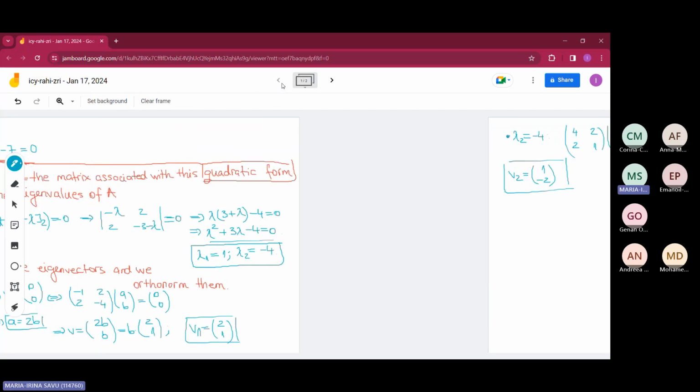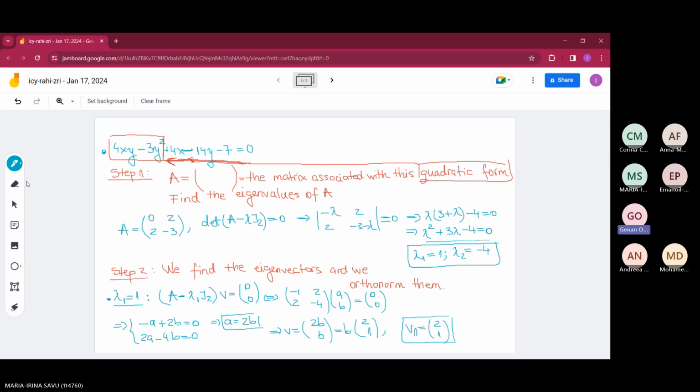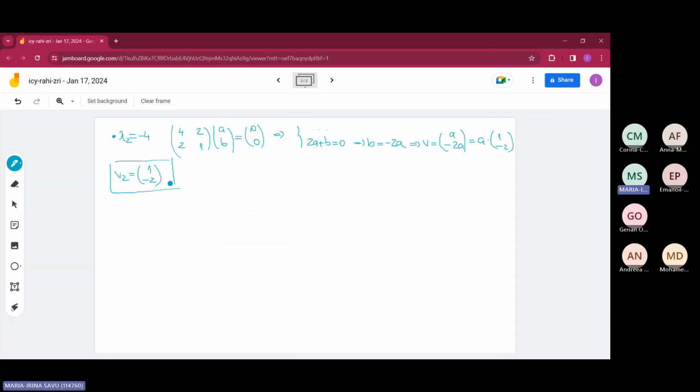Are they orthogonal vectors? Yes. If you check the dot product, it's 0. Exactly. You can check the dot product, or you can take a look at the values of lambda 1 and lambda 2, and you know that if lambda 1 is different from lambda 2, then V1 and V2 are orthogonal vectors. And now we have to find their norms. The norm of V1 is square root of 5.